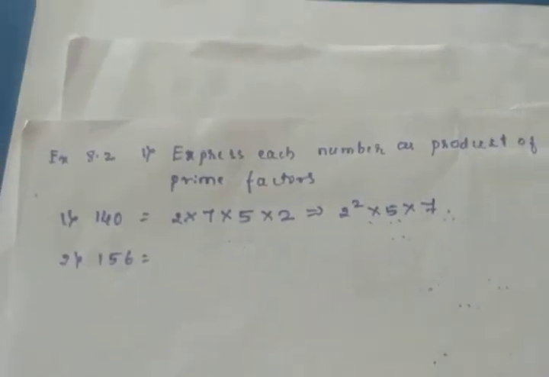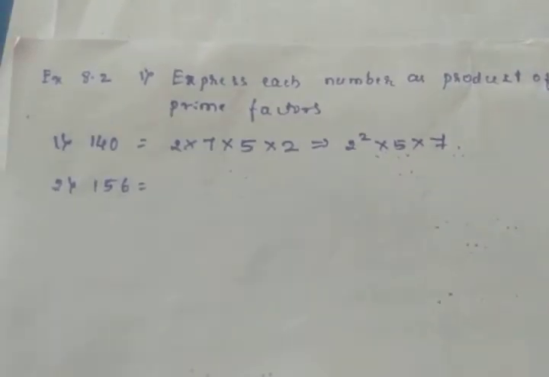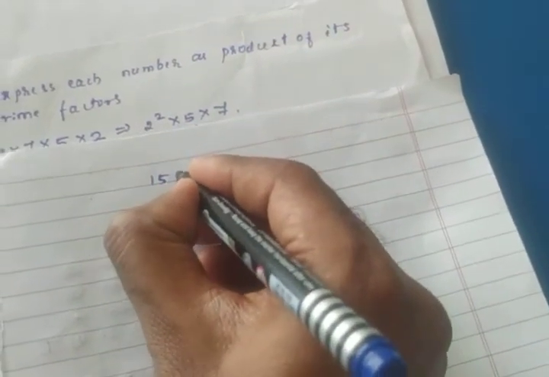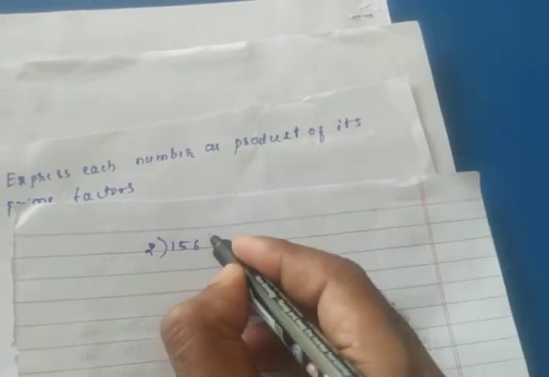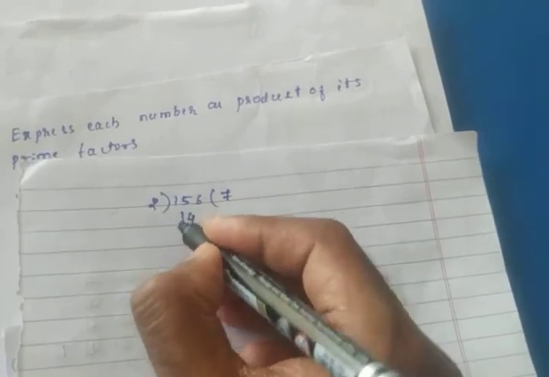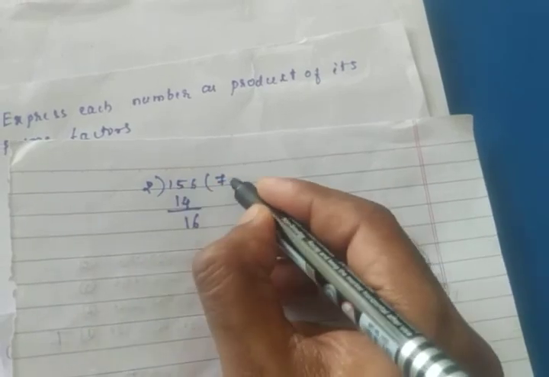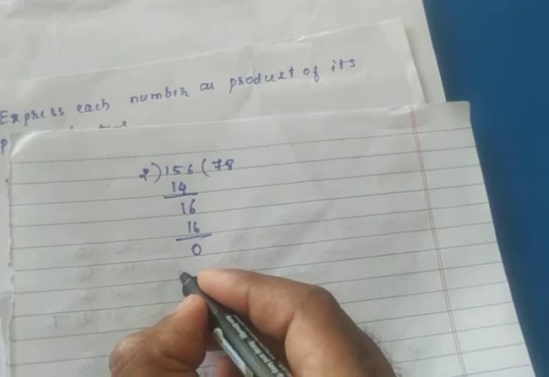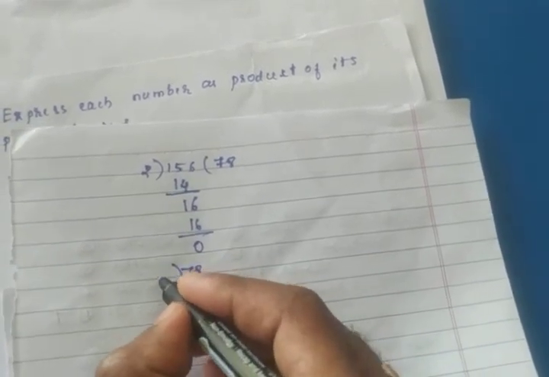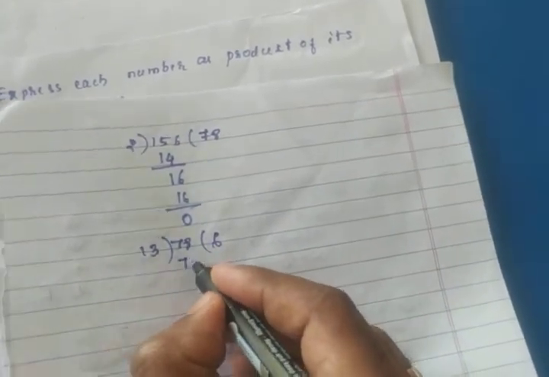In the next example, we have to find the product of prime factors for 156. So 156, again the least prime factor is 2. 2 sevens are 14, the remainder is 1, we carry the 1, that is 16, 2 eights are 16, that is 0. So the quotient is 78, which is divisible by 13. 6 thirteens are 78, 0.